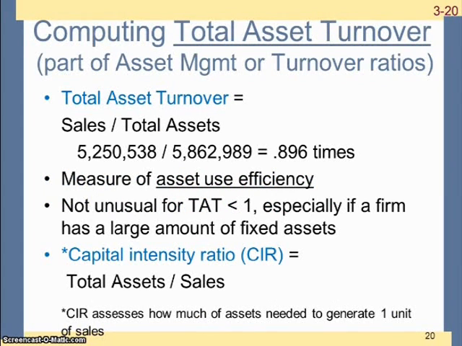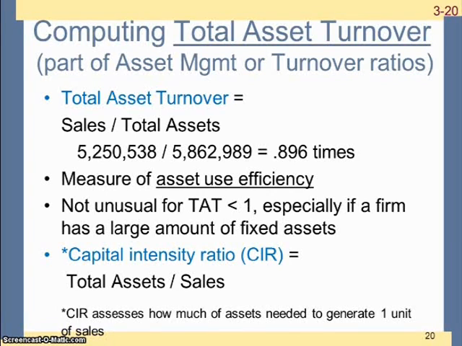Total asset turnover. The ratio measures the ability of a company to use its assets to effectively generate sales. That is, how much in sales is generated by each dollar of firm assets. This ratio considers all assets, both current and fixed assets. The calculation for the total asset turnover ratio is net sales divided by total assets.